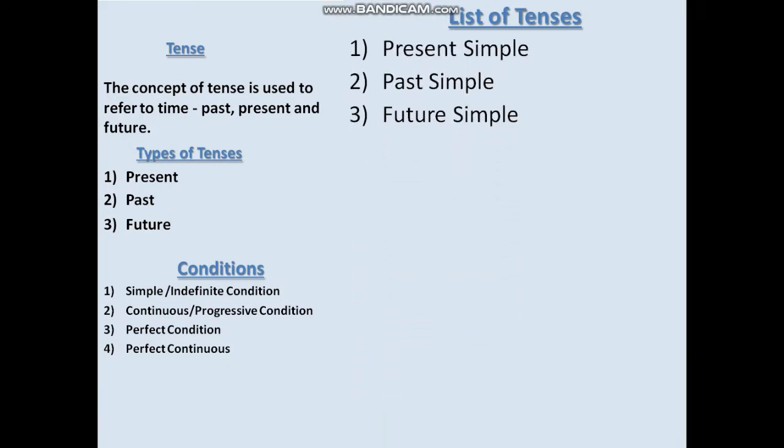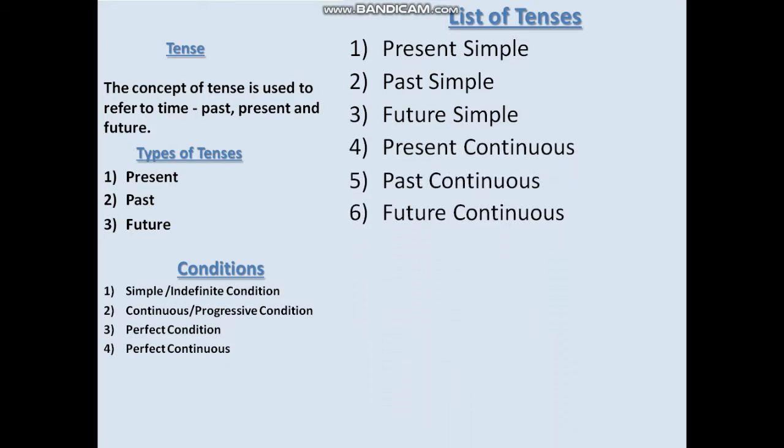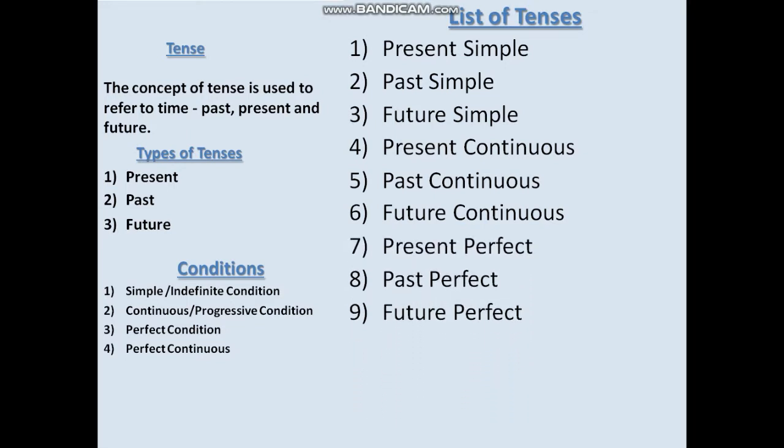First of all, when we talk about habits or repeated actions, there we use the simple condition. In simple we learn present simple, past simple, future simple. Continuous condition talks about ongoing actions: present continuous, past continuous and future continuous. Perfect condition talks about completed actions: present perfect, past perfect, future perfect.